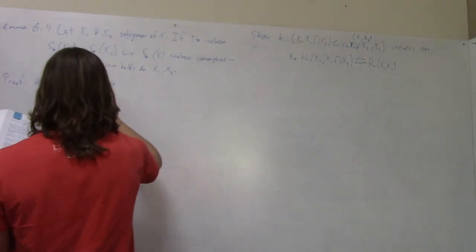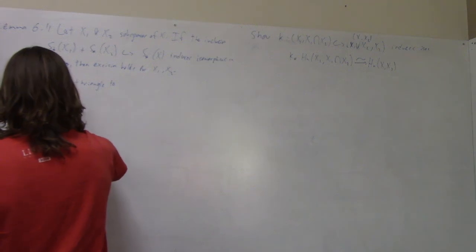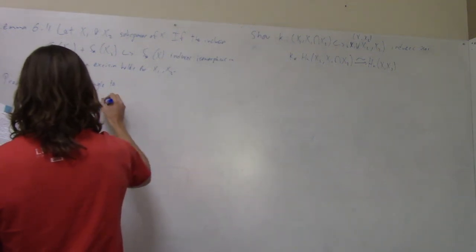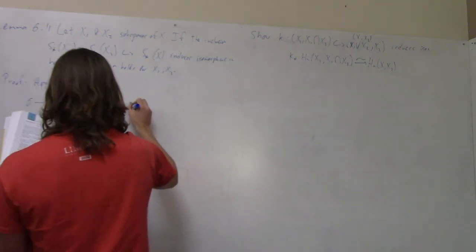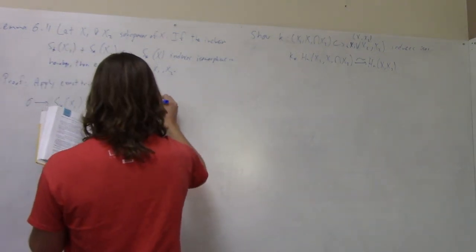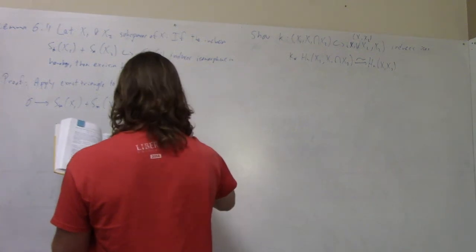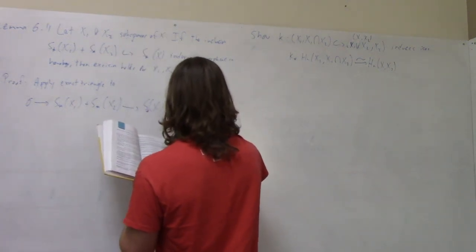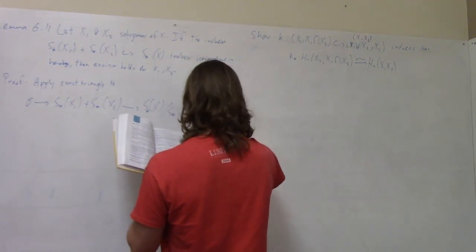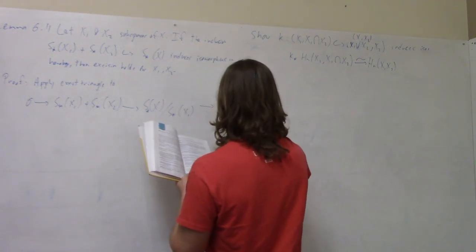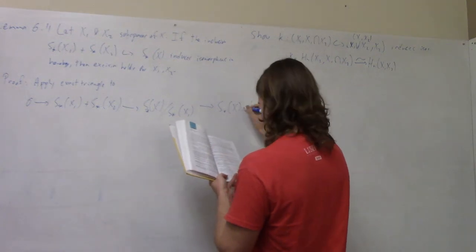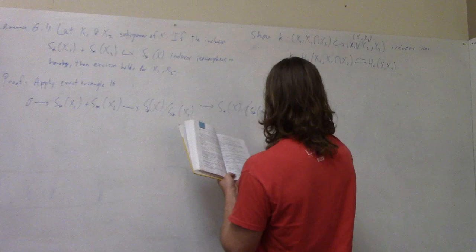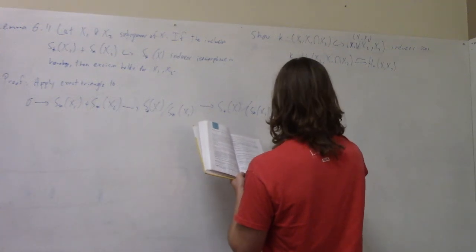Yeah, the short exact sequence 0 to S star x1 plus S star x2 to S of x mod S star x1 plus S star x2.